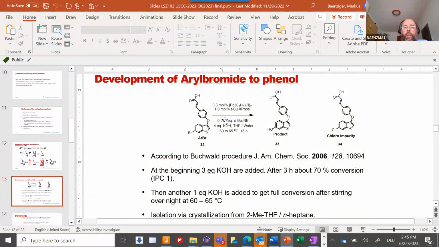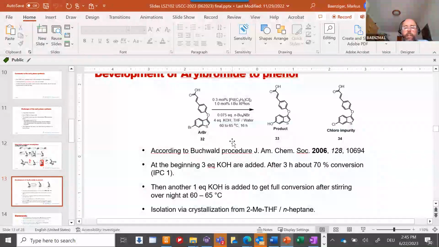So the first key step was this palladium catalyzed conversion of the aryl bromide to the phenol. This was working pretty well. We added tetrabutylammonium bromide as a phase transfer catalyst. We found that it is better to only add at the beginning 3 equivalents of potassium hydroxide, and after about 3 hours at 60 to 65 degrees, we had a conversion of about 70%. This was checked by IPC, HPLC conversion.